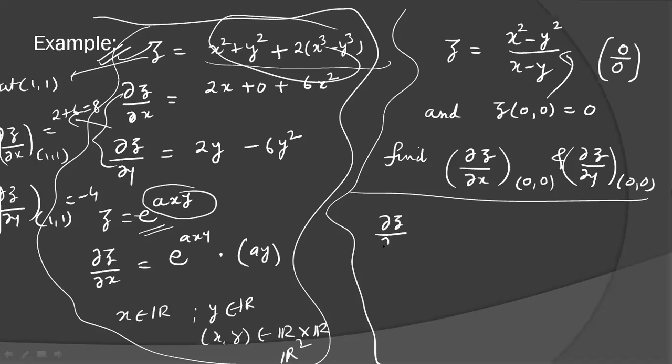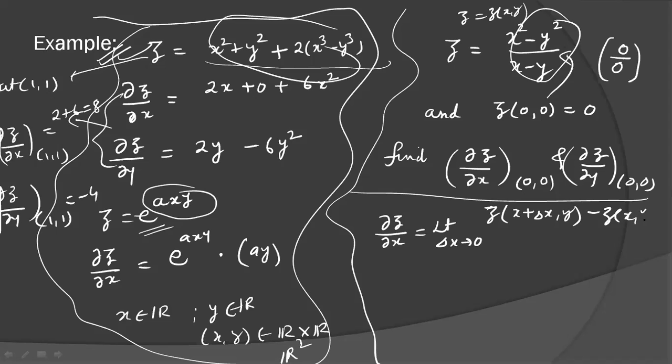So del z over del x, I told you, this is limit delta x tending to 0, because you are going to find the partial derivative in the neighborhood of 0, 0. If you suppose this is equal to f(x, y), or z(x, y), then your derivative will be z(x plus delta x, y) minus z(x, y) over delta x.